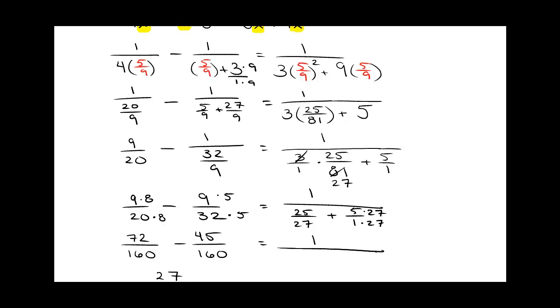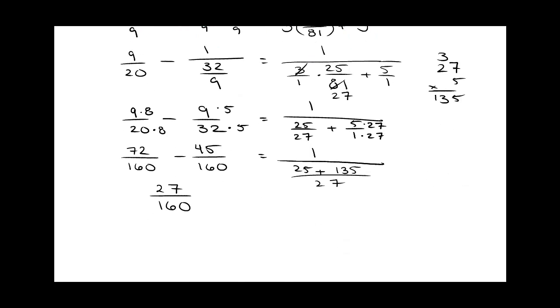So we're going to have 25 plus 5 times 27. Get that real fast here. I got 135, and if I add 25 and 135, that's going to give me 160. It's a complex fraction.